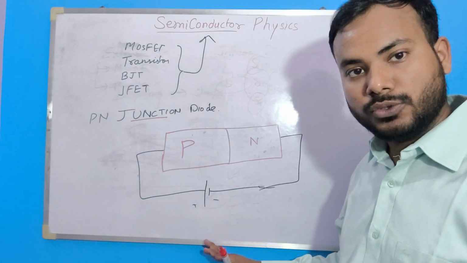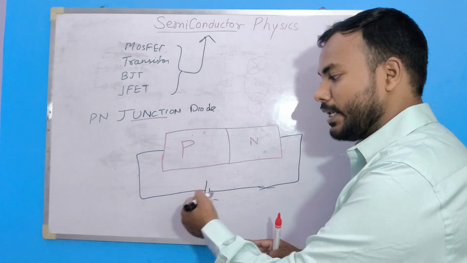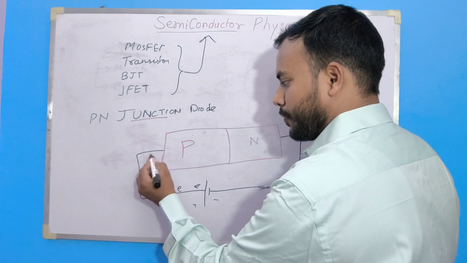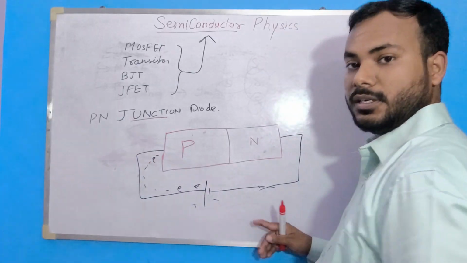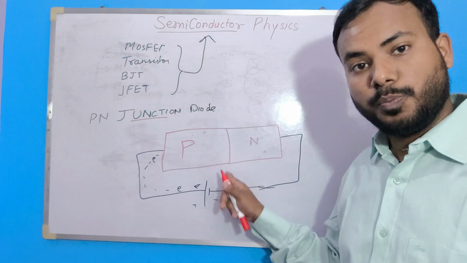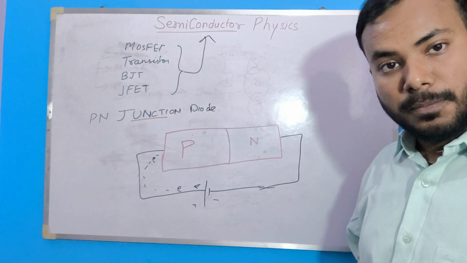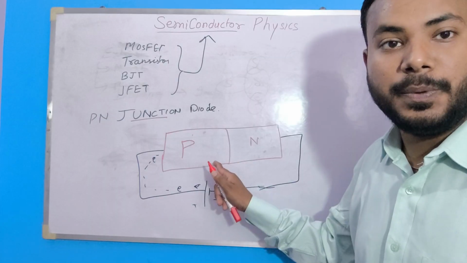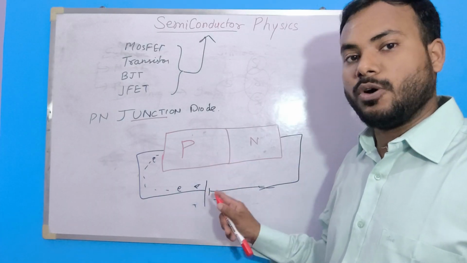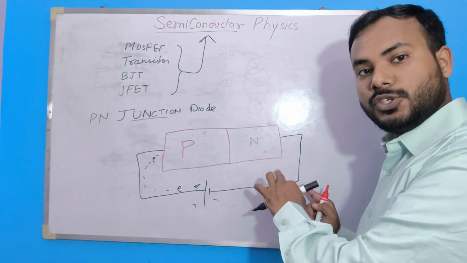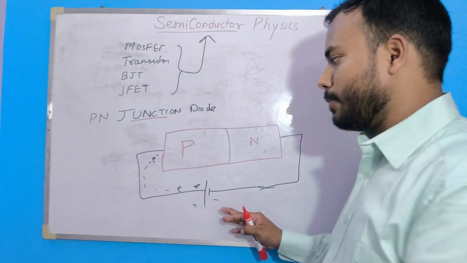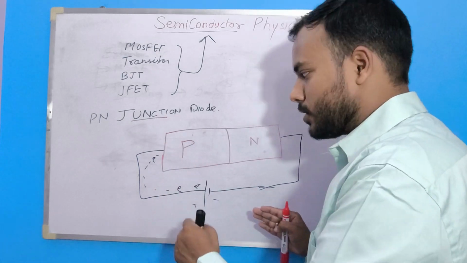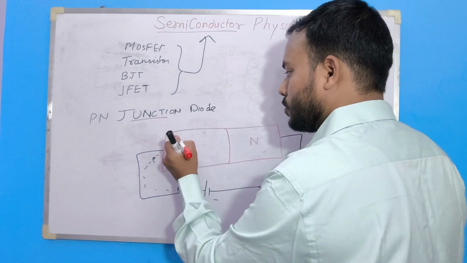We already know how a battery works. From the negative side, electrons flow. When electrons go from here, they move like this. An electron comes here, and here is the p side. We already know p has more holes, and n has a majority of electrons. So what will happen? Electrons will attract holes. Then holes move here.